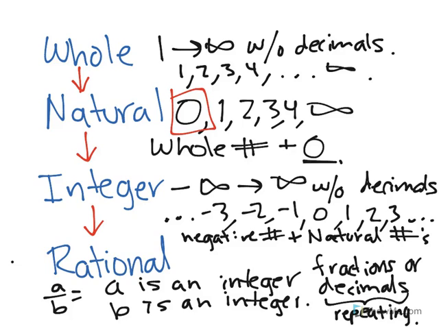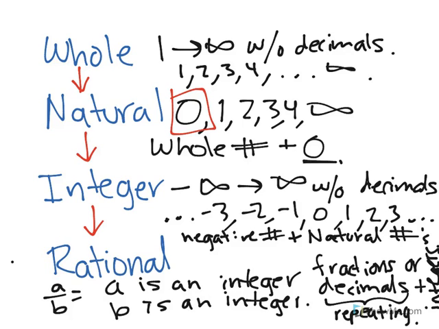I'm sorry, just repeating. So rational numbers are fractions or decimals, but the decimals must be repeating. They must have a pattern, and integers. So that's what rationals include.